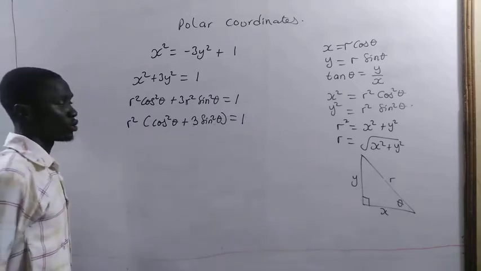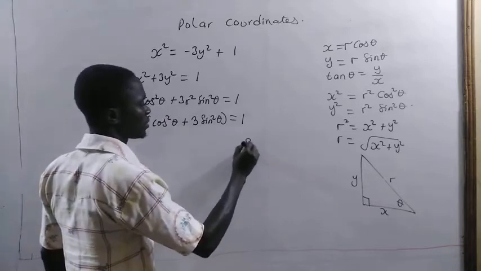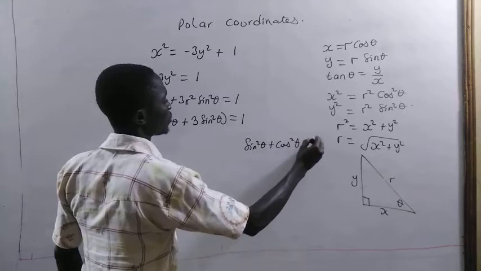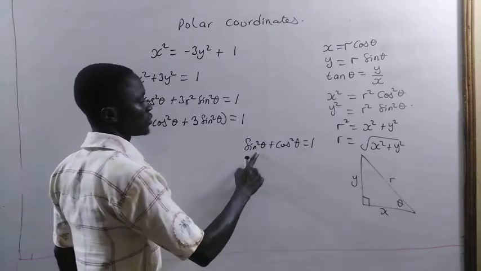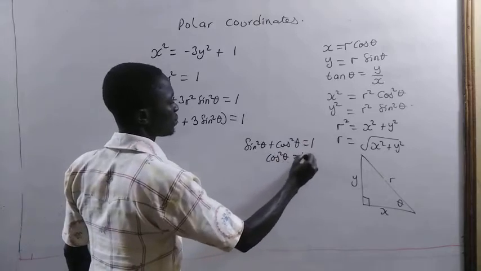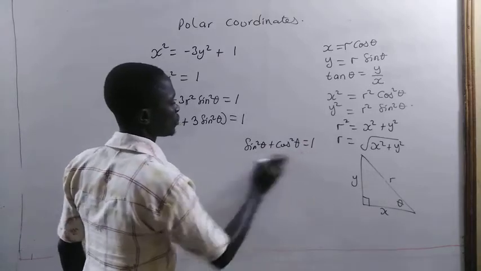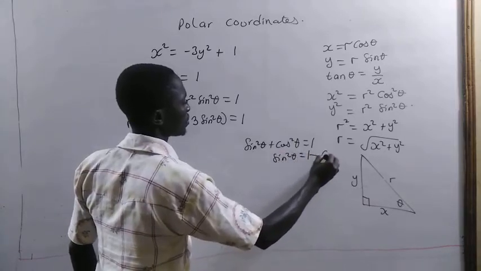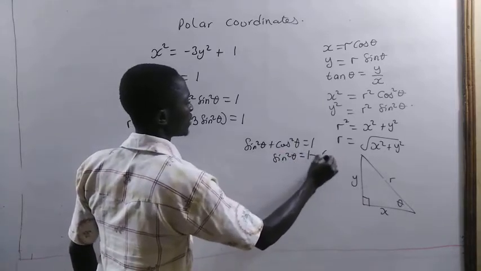From the basic trigonometric identity, we know that sine squared of theta plus cosine squared of theta is equal to positive 1. So sine squared of theta is equal to 1 minus cosine squared of theta.